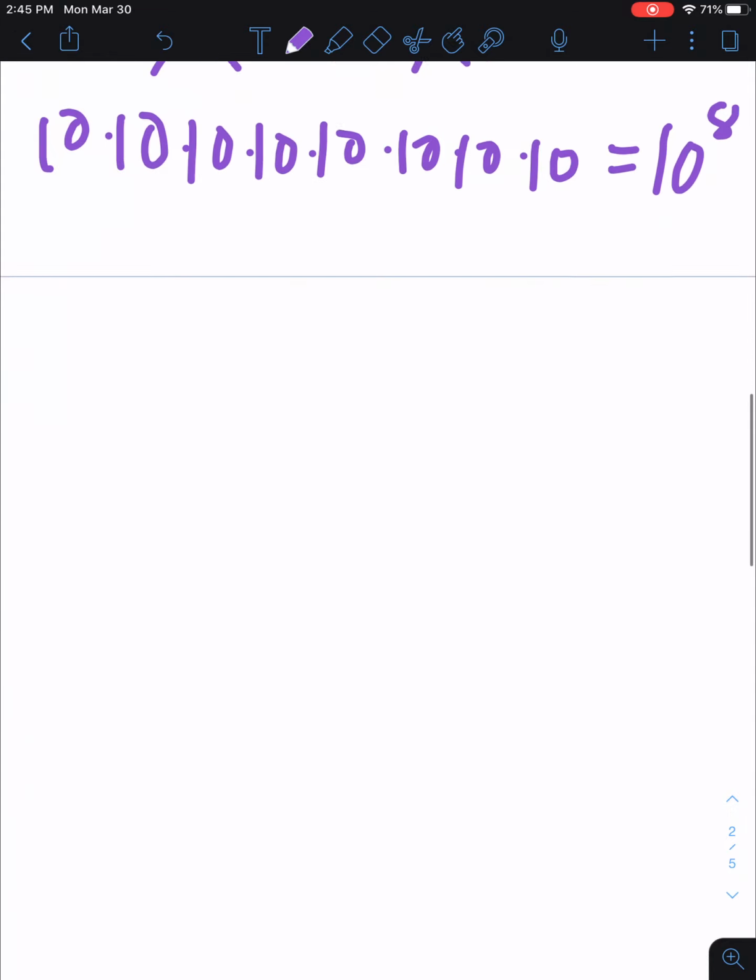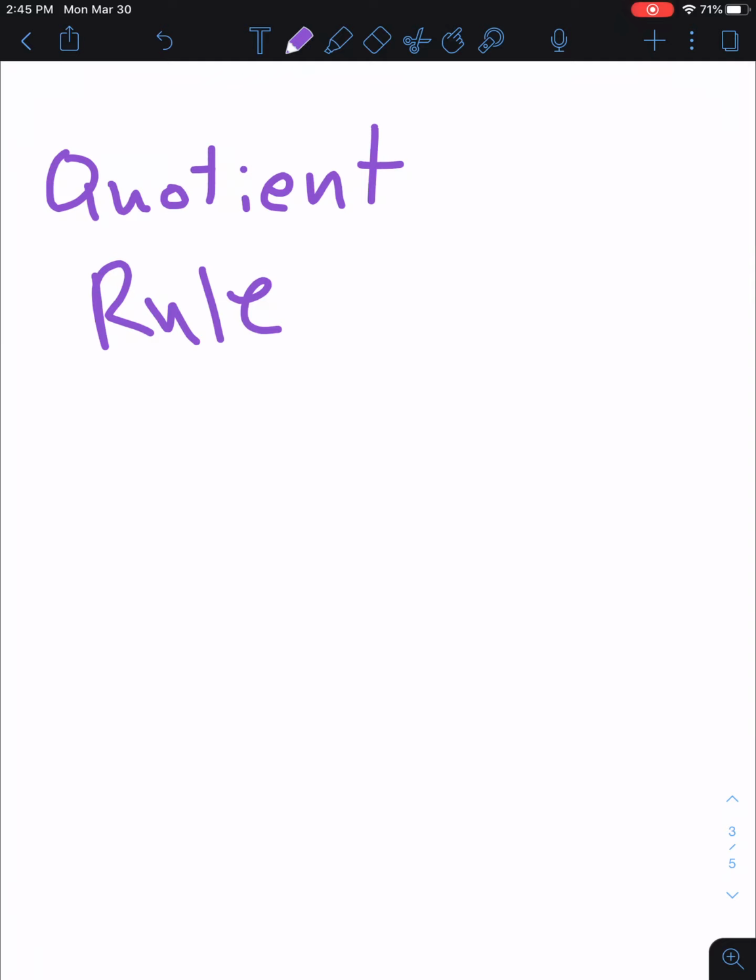So let's move on to my other favorite rule, the quotient rule. Now, the product rule was when we were multiplying exponents. So as you could guess, the quotient rule is what we use when we divide exponents. So anytime you see two exponents with the same base being divided instead of multiplied, we're just going to subtract the exponents.